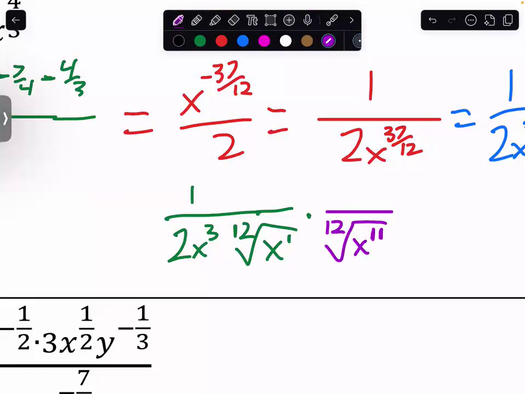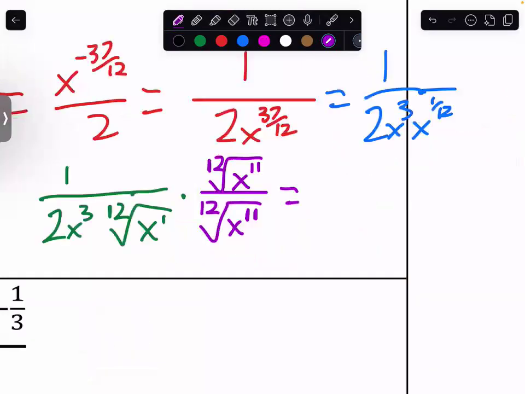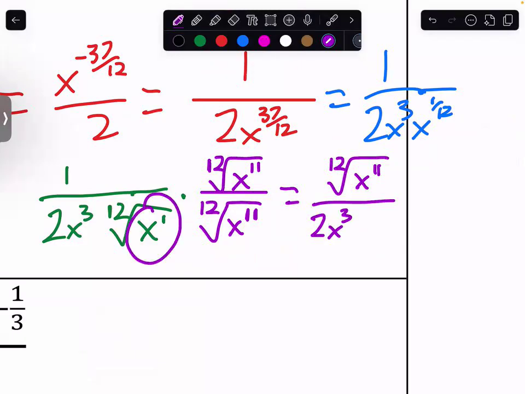Again, 11, because 1 plus 11 will match the 12. And whatever you multiply the denominator by, you have to multiply the numerator by. So the whole point is that x to the first times x to the 11th inside the 12th root will be x to the 12th.